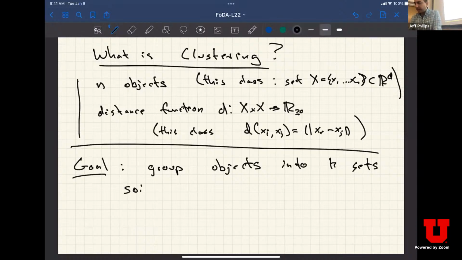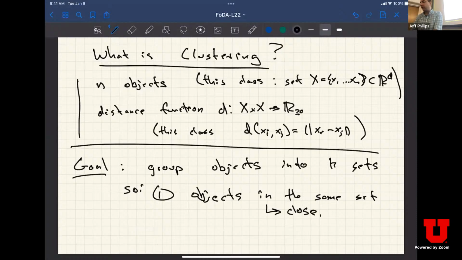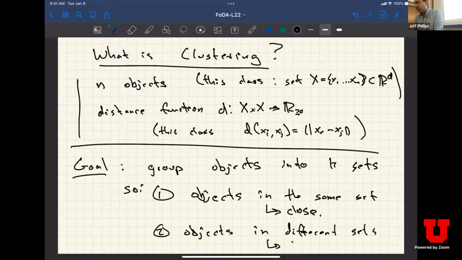Objects in the same set should be close, and I'll measure close using the distance, and objects in different sets should be far. So if objects are similar, close to each other, they should be in the same set, or if they're in the same set, they should be close. If they're in different sets, then they should be far.